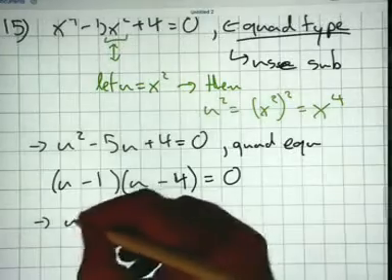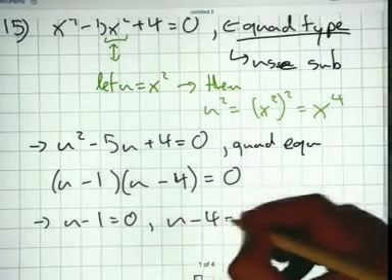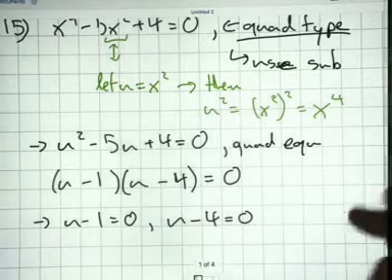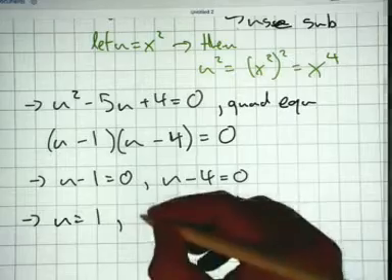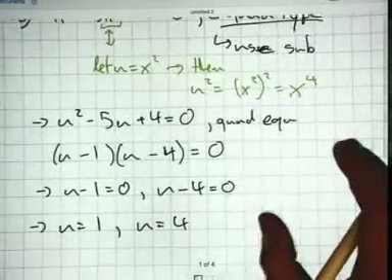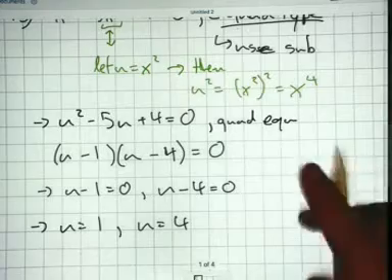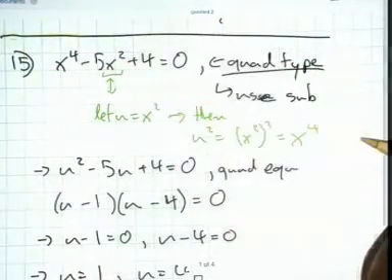Which then means that u minus 1 is equal to 0, u minus 4 is equal to 0, which then means that u is equal to 1 and u is equal to 4. Now that's great that we just found out what u is, but I want to know what x is, because that's the variable of the original problem.